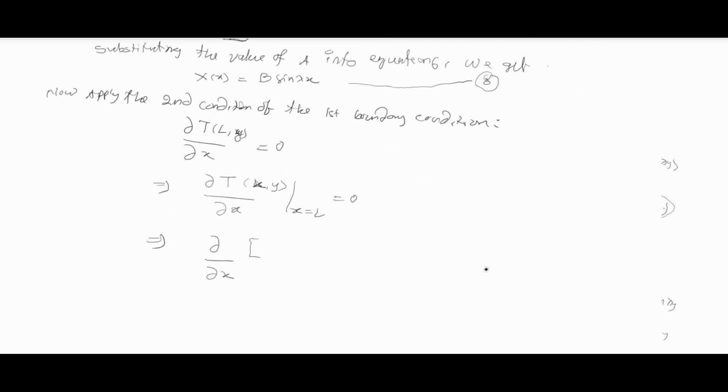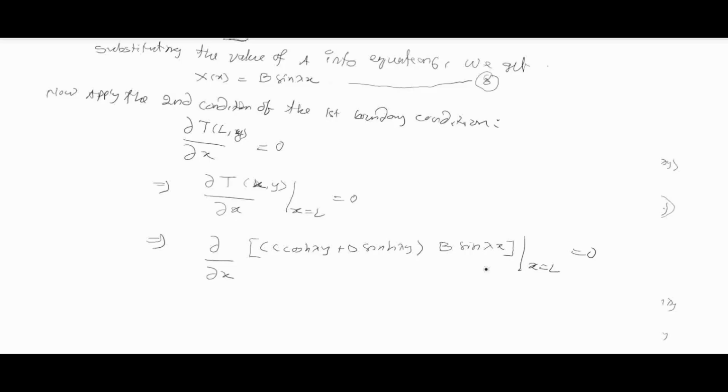So that is c cos h lambda y plus d sin h lambda y into b sin lambda x, at x is equal to L is equal to 0.